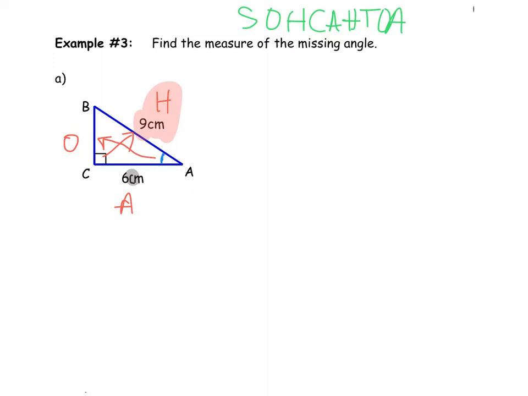Now I'm going to take a look at my adjacent side, the 6 centimeters right here. I can see that my opposite side isn't being used at all, which means that when I look for the correct trig function, anyone that has an O for opposite in it can't be used. So I can't use sine, and I can't use tan because it has the opposite side. So the correct trig function here would be the cosine function. So let's go ahead and set up our formula as we normally would.